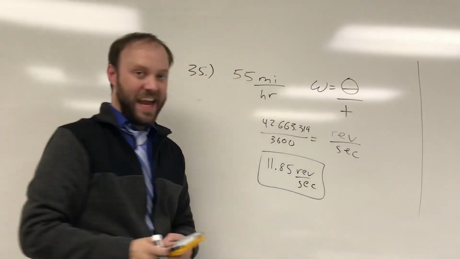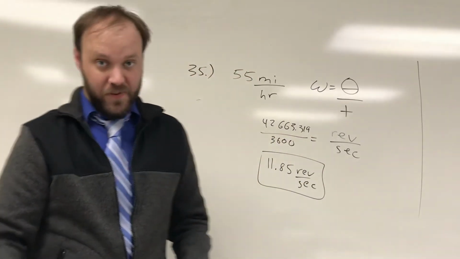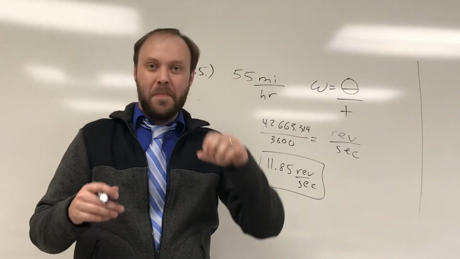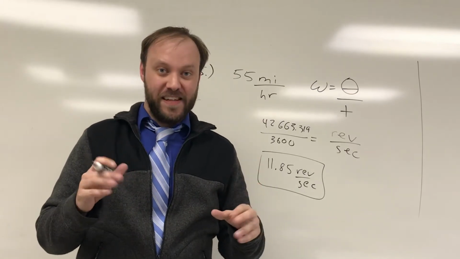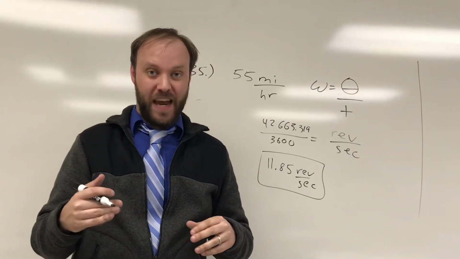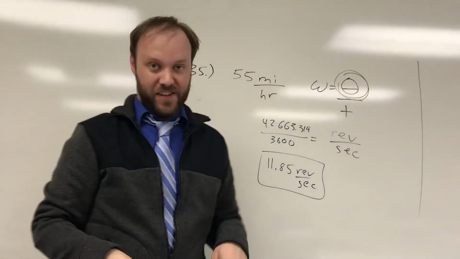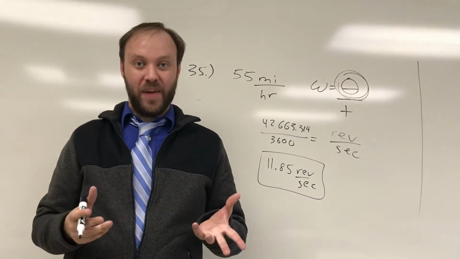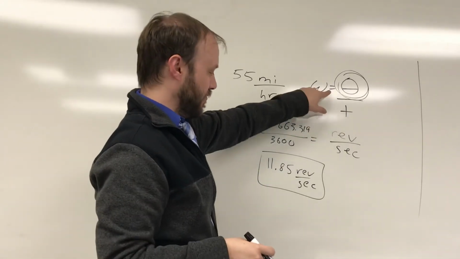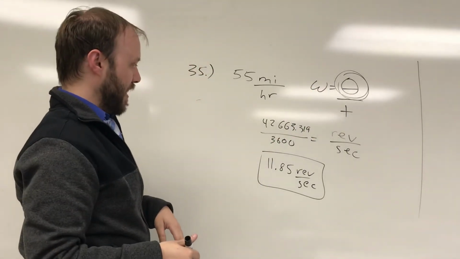Okay, and again, you need to check the question. It was a little bit misleading because it said revolutions per second, okay? And the definition over here said that it was supposed to be radians per unit of time, okay? If they had asked you for this, you would basically want to come back.